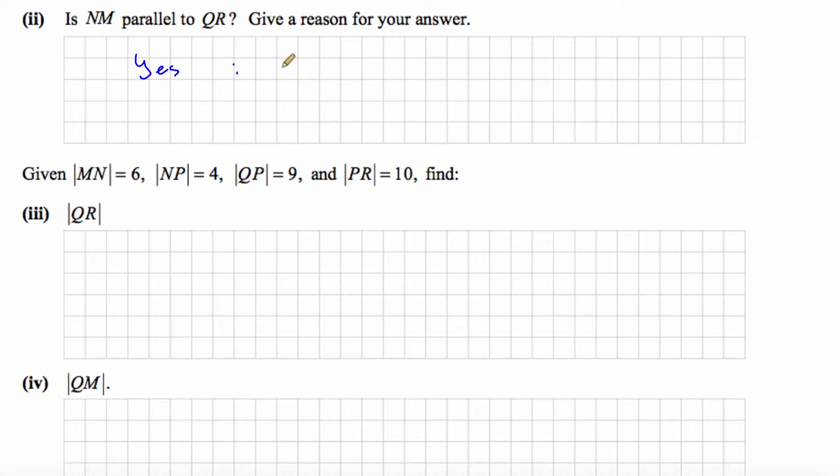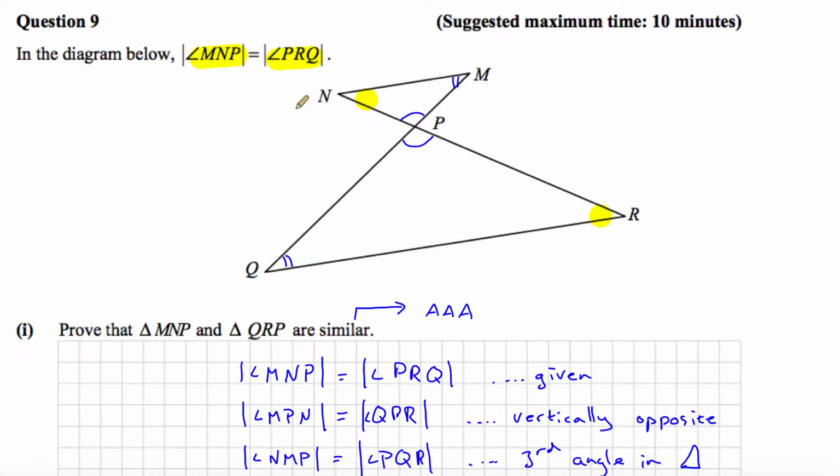And the reason is that the size of the angle MNP, which is this one, is equal to PRQ.